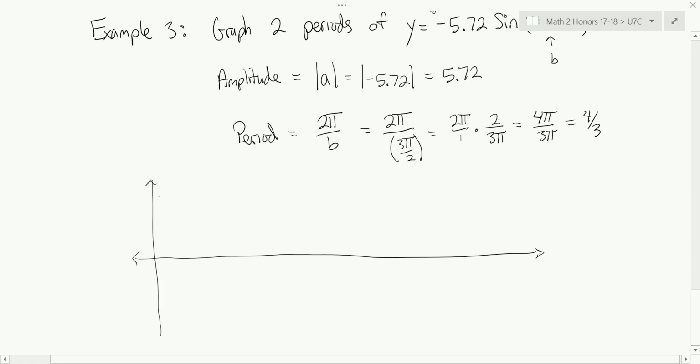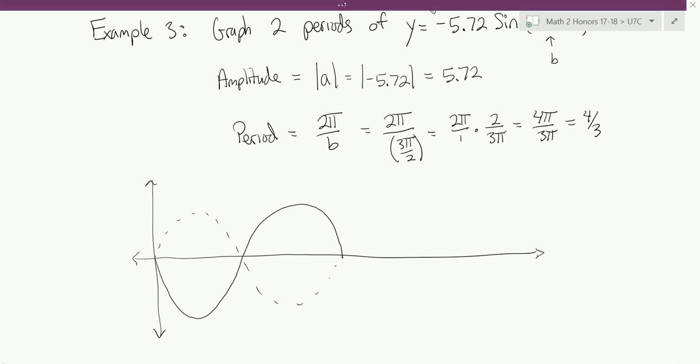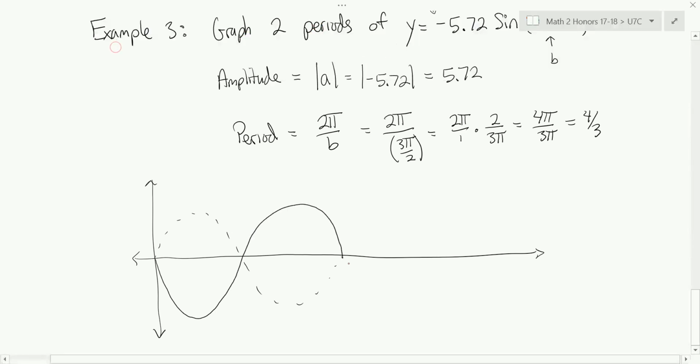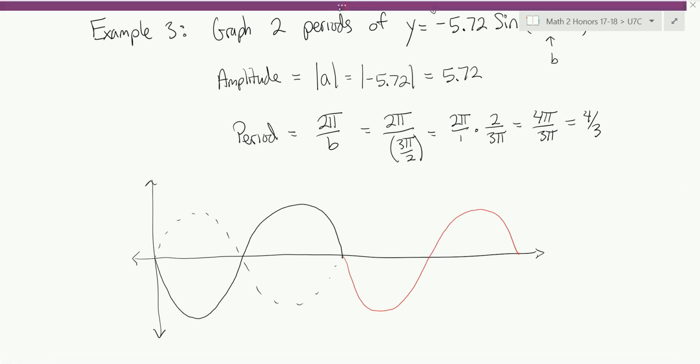Here's my y-axis. And normally the sine function is shaped something like that, but we are reflecting that across the x-axis, so ours is going to look something like this. And that's one period of our sine function, and then we keep that going. One more period of that sine function.